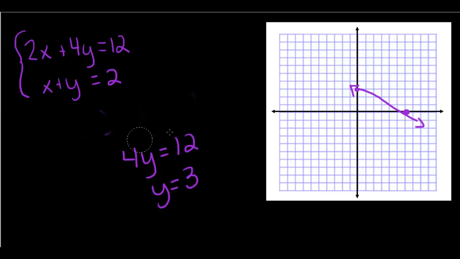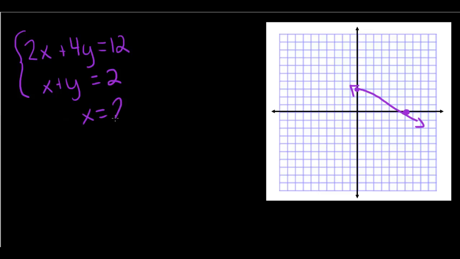Now let's go ahead and graph the second equation using the same method. So the x-intercept again is the value of x when y is 0. So if y is 0, then I'm going to have x equals 2. So that means the line is going to go through here. When x is 0, y is 2. So that means the line is going to go through here.